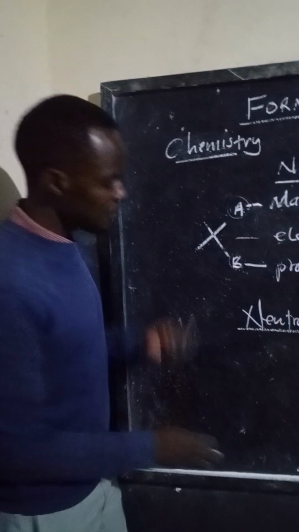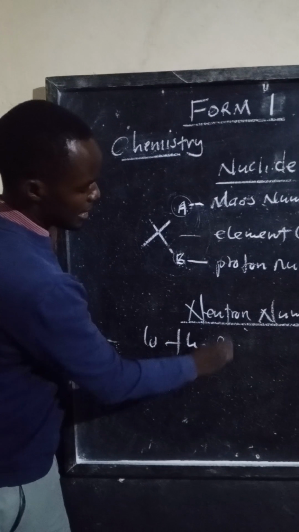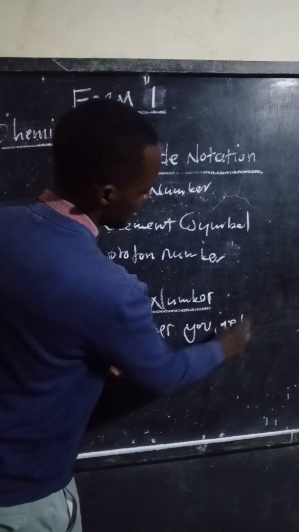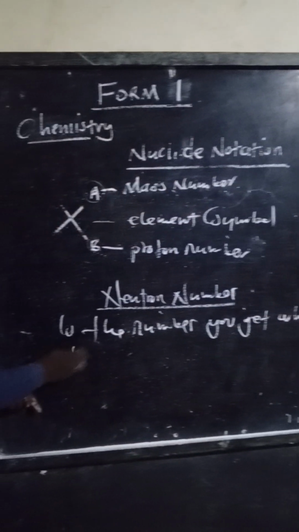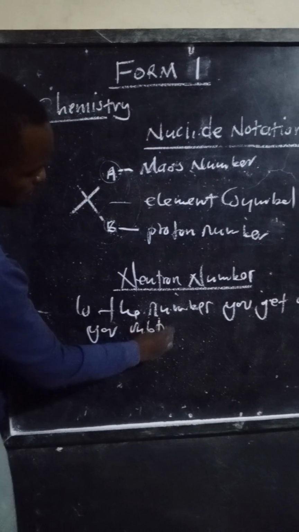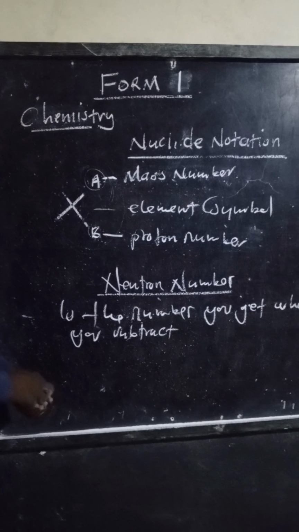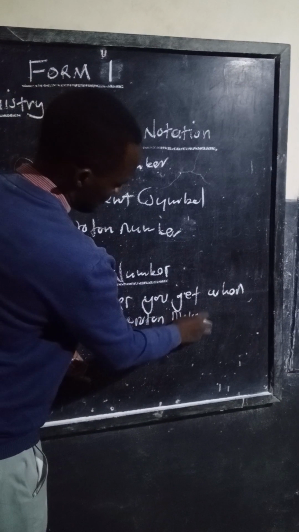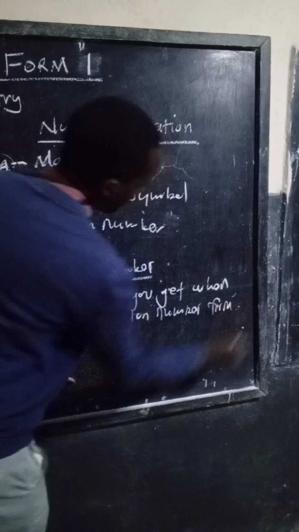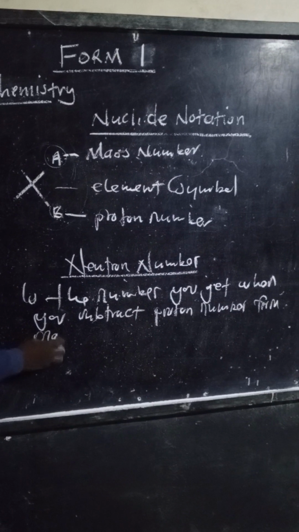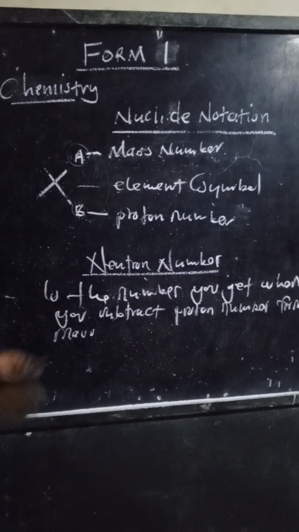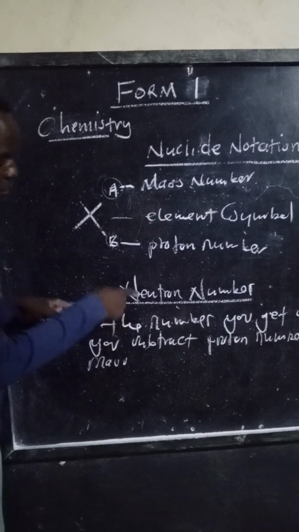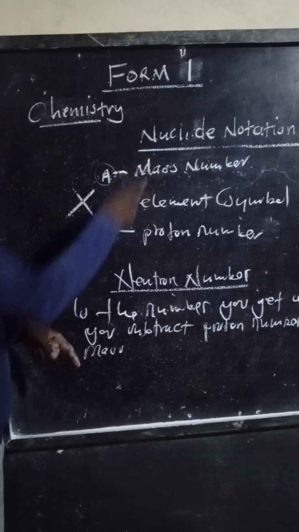So neutron number is the number you get when you subtract proton number from mass number. Speaking of neutron number, you can see here it's not indicated. If you know this one, it will be easy for us to understand the one on top there.